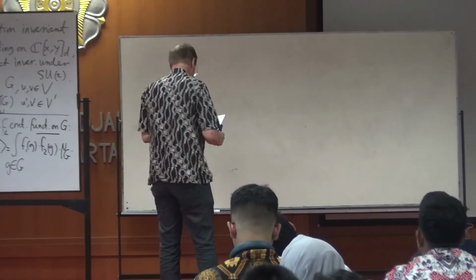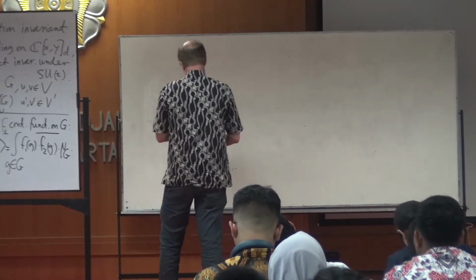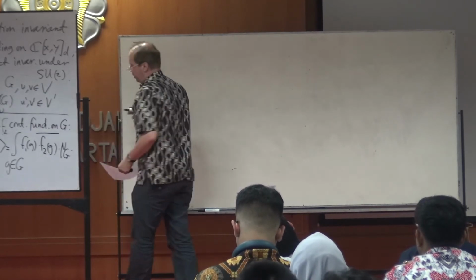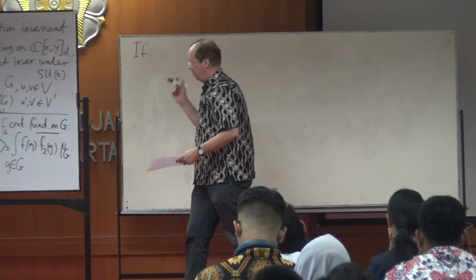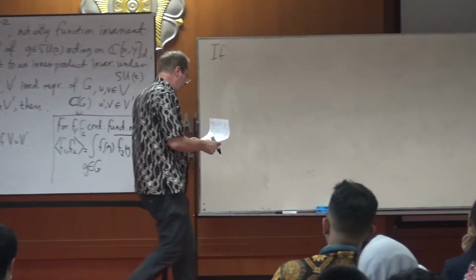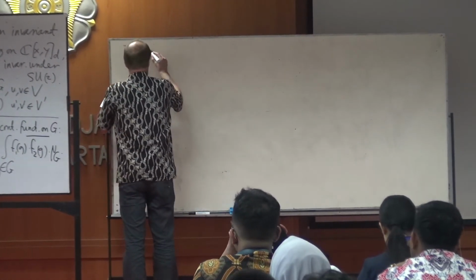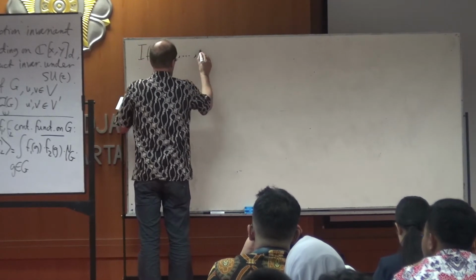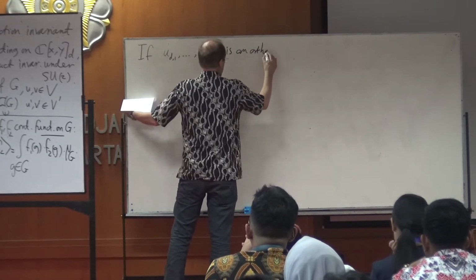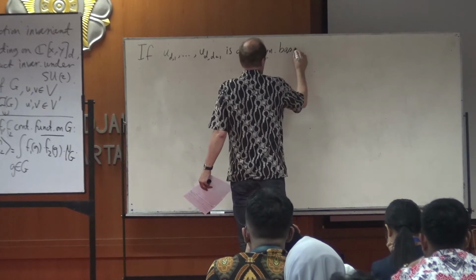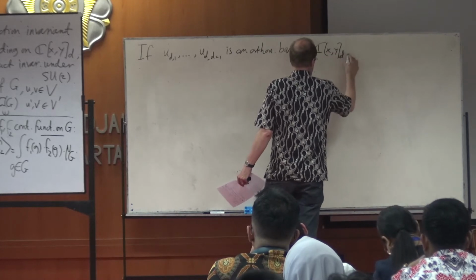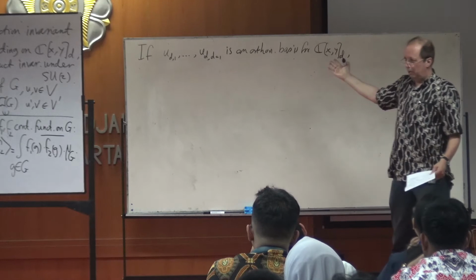So now I would like to say this. I just erased my character table, but we have these representations here, and I want an orthonormal basis for them, right? So let's say first a bit of theory. If u d comma 1 up to u d comma d plus 1 is an orthonormal basis for C X, Y, index D, and the inner product, I still have to tell you what it should be.